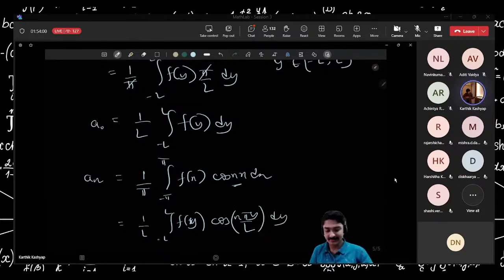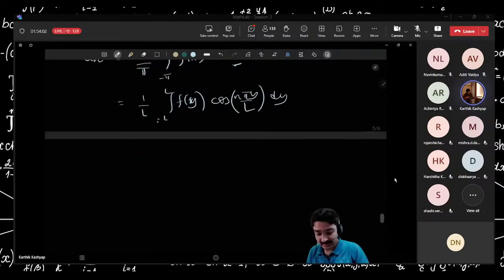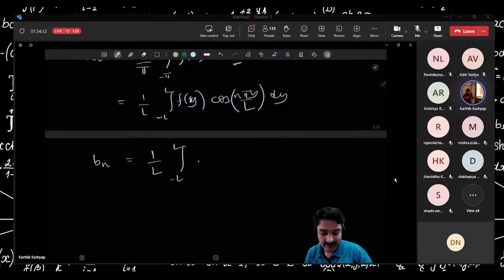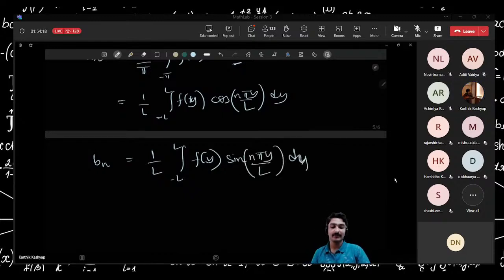So this is the modified an expression for the generalized periodicity. Again, I am not going to do this. You can just say the same thing by analogy, 1 by L times the integral from minus L to L of f of y sine n pi y by L dy. So this is for modified periodicity.